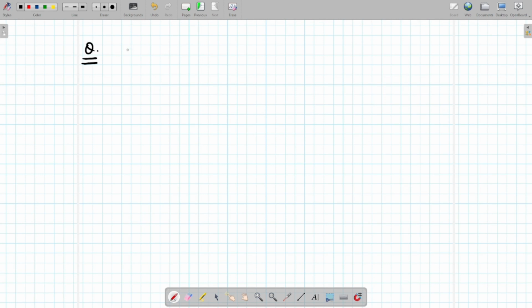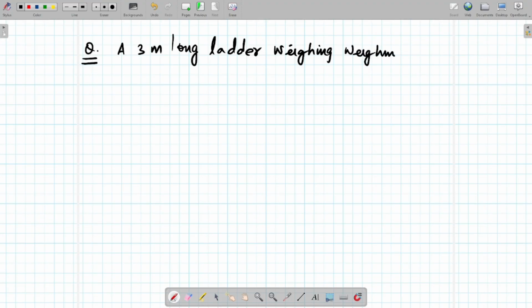Question: a 3-meter long ladder weighing 20 kilogram leans on a frictionless wall.